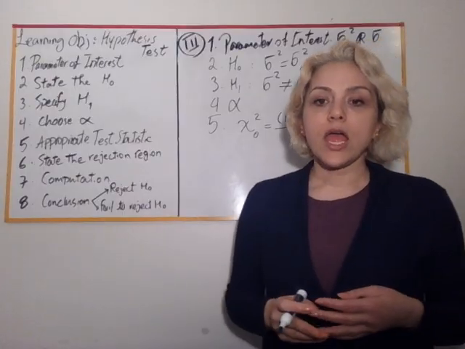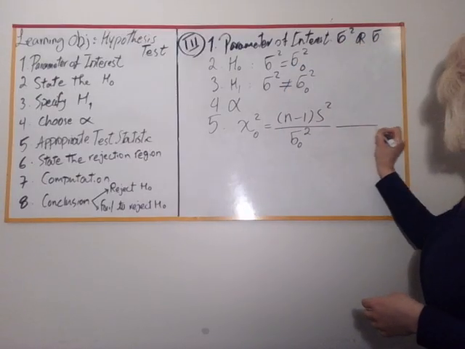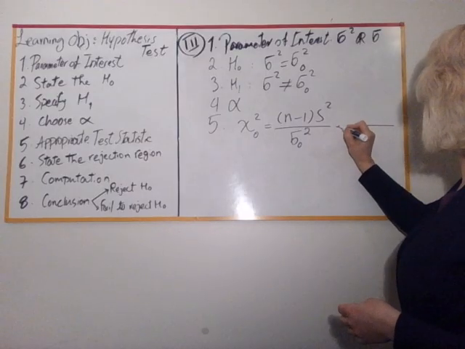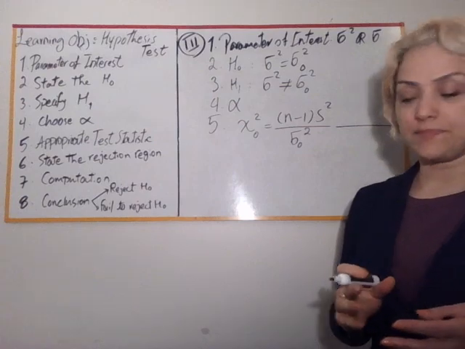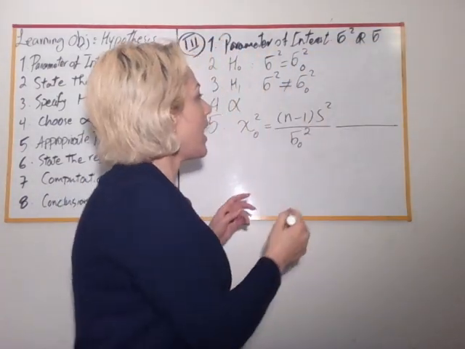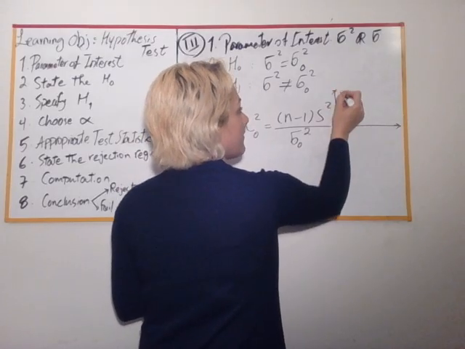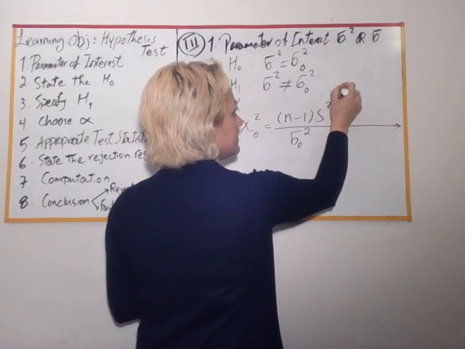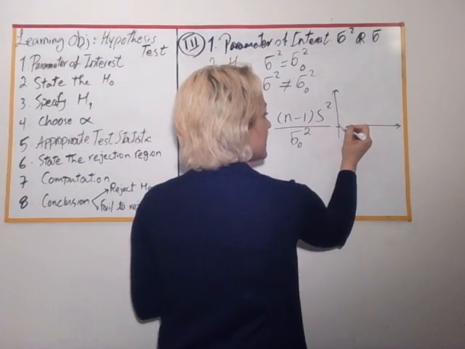The figure of the chi-squared is a little different from the z and t that we had before for mu. For example, if you have your x and f of x, for the chi-square you would have something like this.